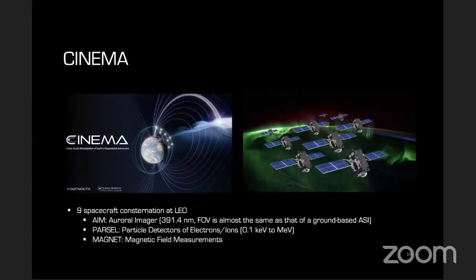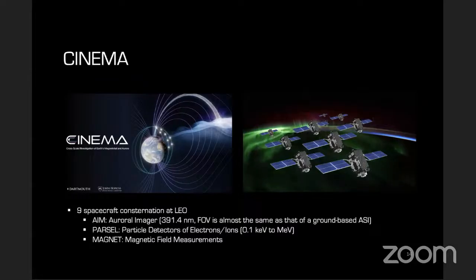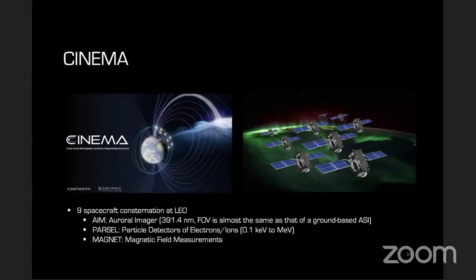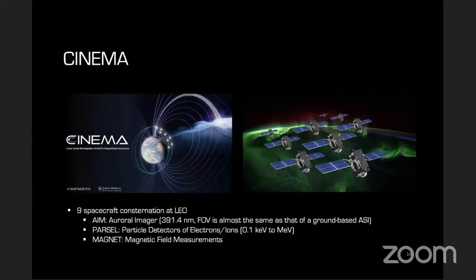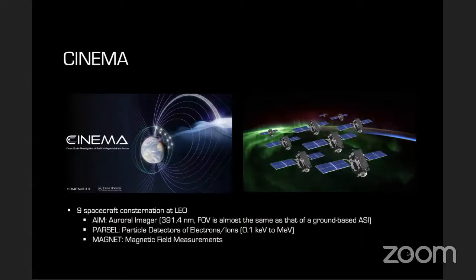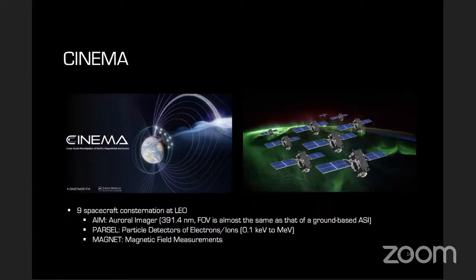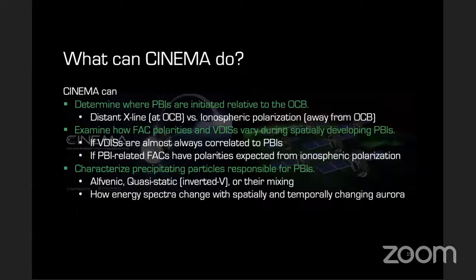CINEMA consists of 9 spacecraft with an identical set of 3 instruments: auroral imager, particle detector, and magnetic field measurement. So here, let me think about what CINEMA can do to study poleward boundary aurora.